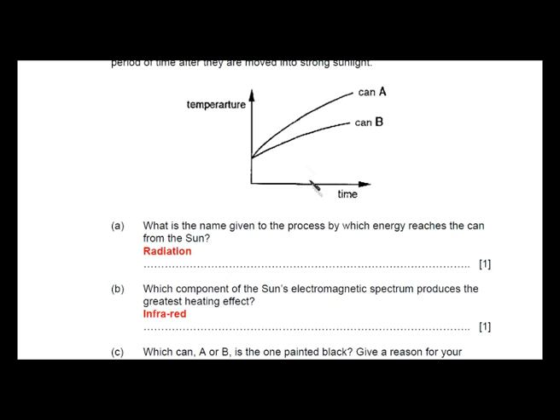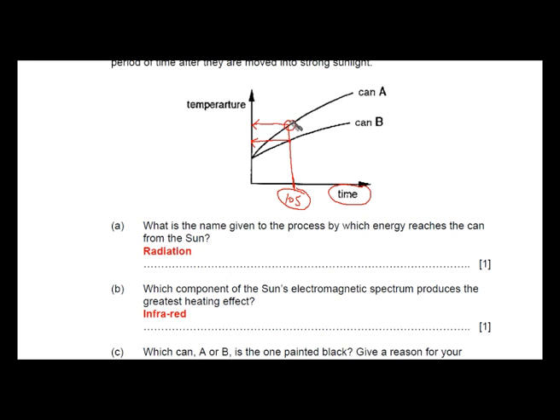This is red. And over here, let's take a look at this time axis. Imagine both cans are heated for 10 seconds. Now the temperature for one would be here, this for can B. The other one will be over here. So which has a higher temperature after heating for 10 seconds?